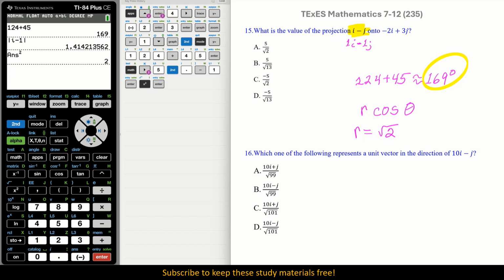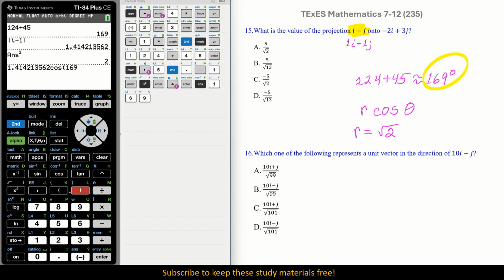All right, so let's arrow up, grab that r, push cosine, and let's put in our rounded 169, close that, and push enter, and see what we get. Well, it's negative, but that's our problem.